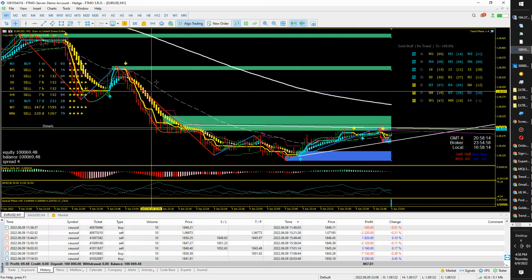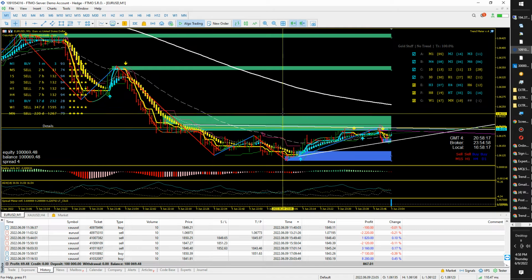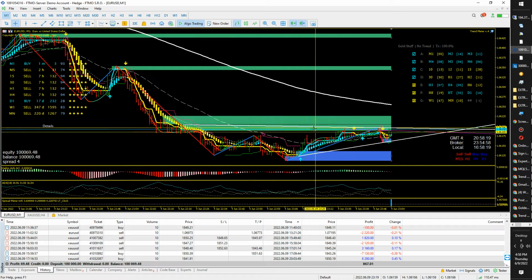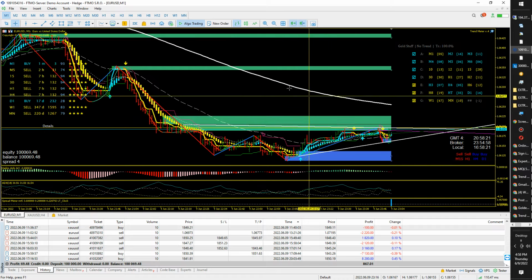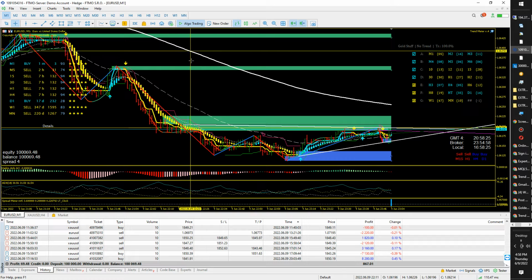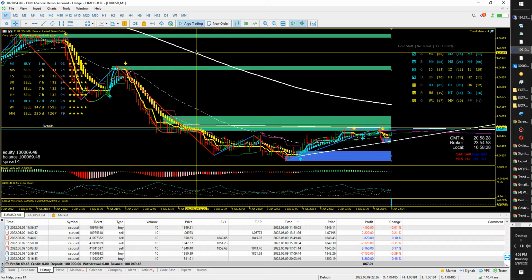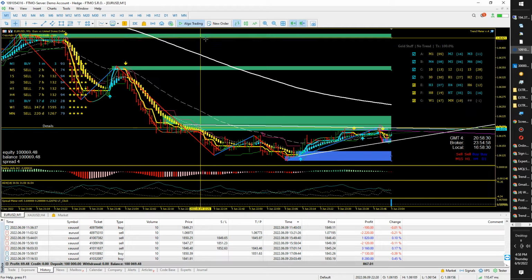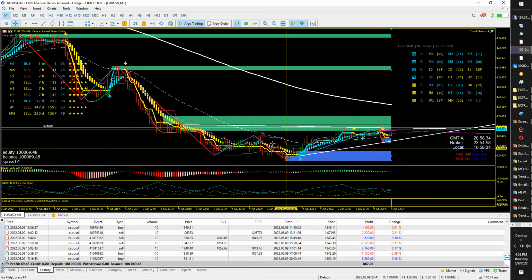The darker colors are going to be strong, and the lighter colors are going to be weak. This doesn't show the different dark and light, but when you see a darker green, that's going to be a stronger demand or supply, same thing with the blue.